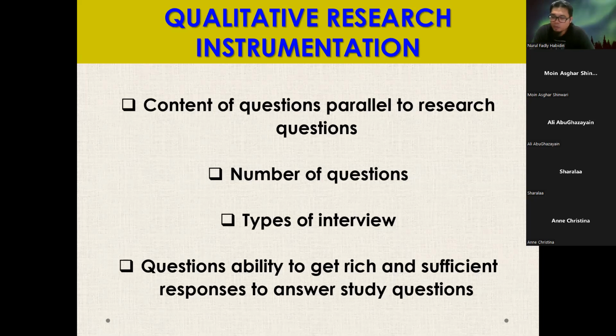The keyword for qualitative is to get rich and sufficient responses to answer the question. Another word we call that is saturated. Once you interview one person, you get very rich data. Then you go to the second interview, you add another understanding and meaning on this matter, so you get more rich data. You go to the third interview, you get another rich data.